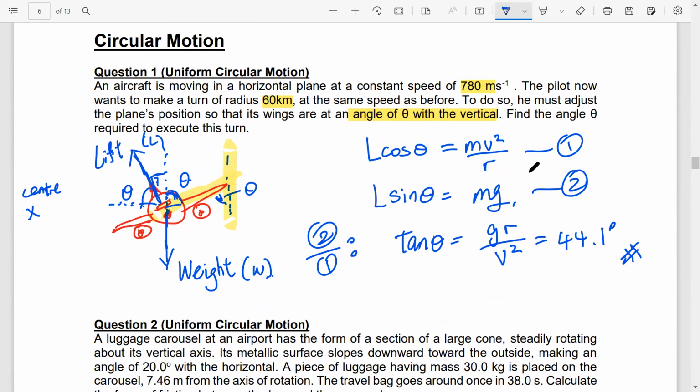Question 1: the wing at an angle of theta to the vertical.